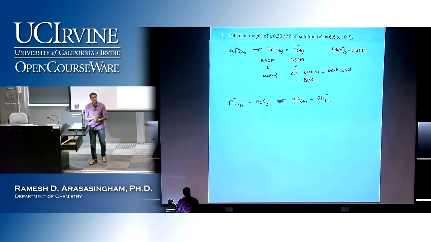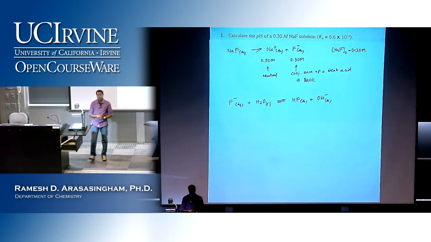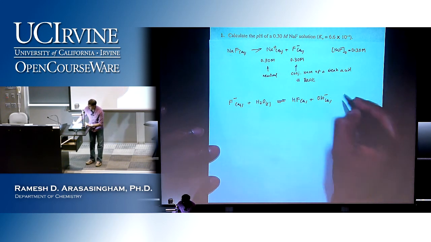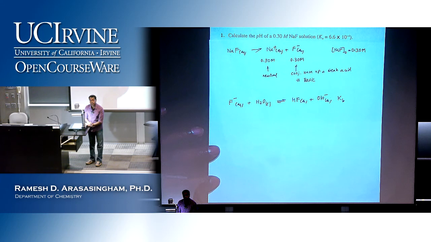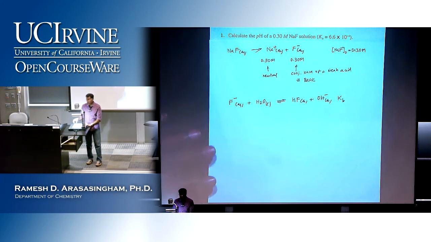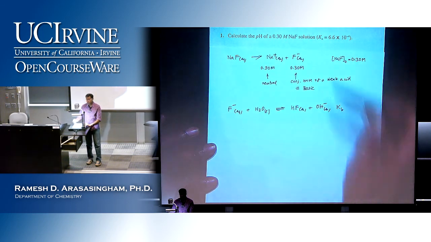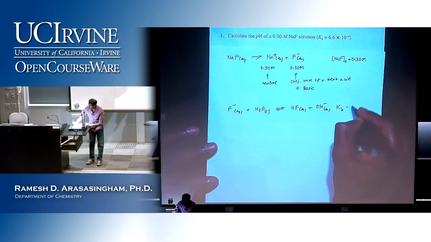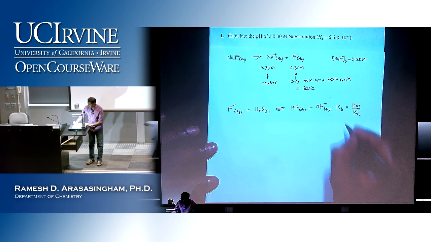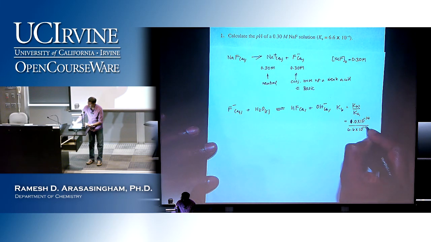And since we're writing in the form of the conjugate base, which is basic, we're actually interested in looking at Kb. But do they give us Kb? They give us Ka. So all we have to do is, we know Kb is Kw divided by Ka, which is 1 times 10 to the negative 14 divided by 6.6 times 10 to the negative 4.